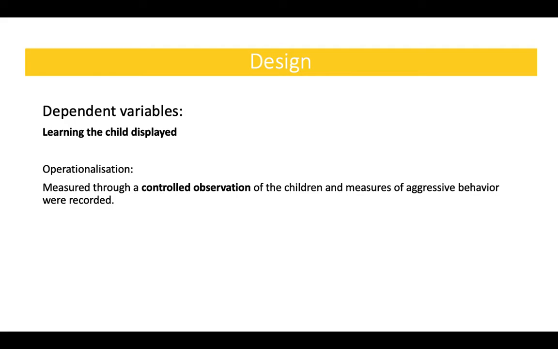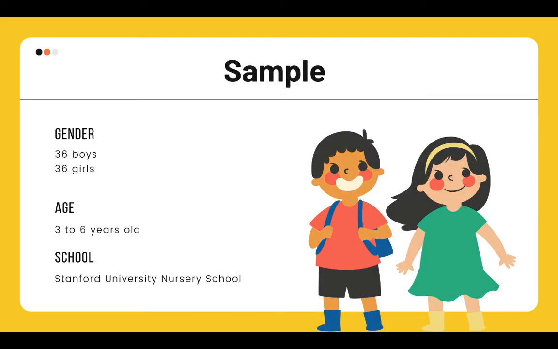It's measured through a controlled observation. So we're using observation in the study, and the measures of aggressive behaviors were recorded. The sample: 36 boys and 36 girls, equal gender, aged 3 to 6 years old from Stanford University. So they don't go to Stanford University, guys. They go to Stanford University Nursery School.